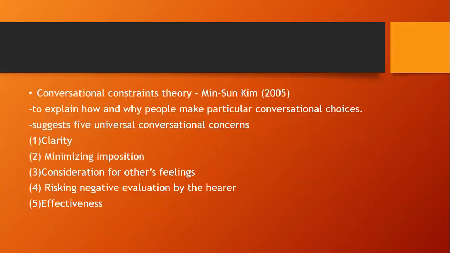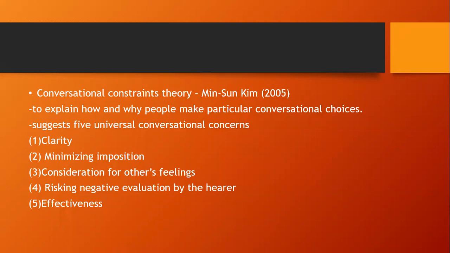And we have conversational constraint theory, which explains how and why people make particular conversational choices. Different people have different objectives in telling people certain information, so you can use this theory as well.